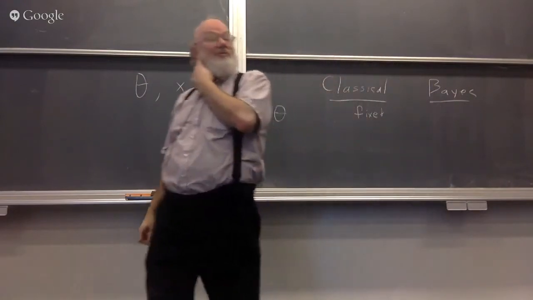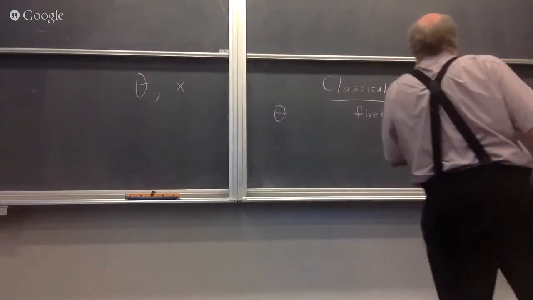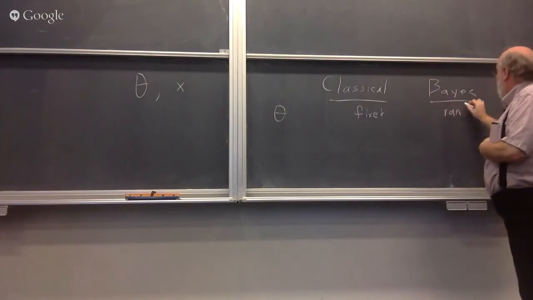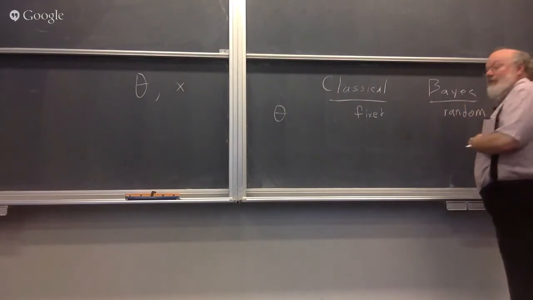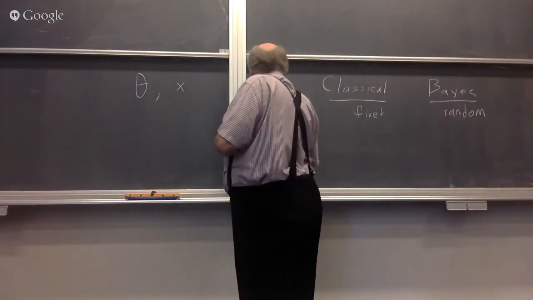That is to say, it just has some value in nature that's determined. In Bayesian statistics, it's considered a random variable. In other words, it's characterized by a probability distribution function.